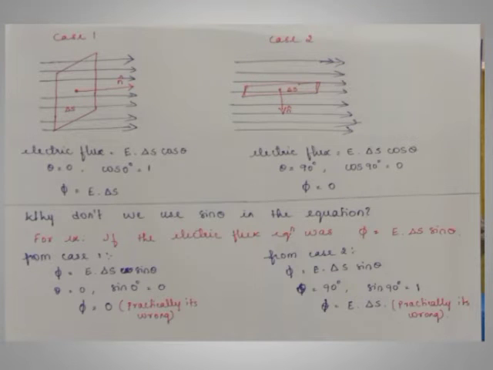So through the equation, what is the formula? Electric flux is equal to E delta S cos theta. What is the angle between the direction vector and the electric field? It is 90 degree. So cos 90 degree is equal to 0, and phi, the electric flux, is 0.